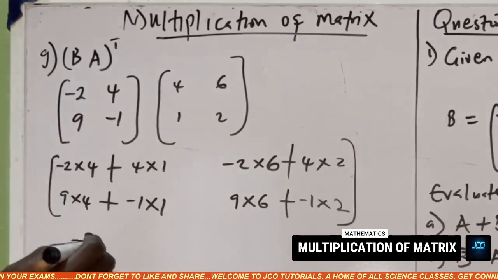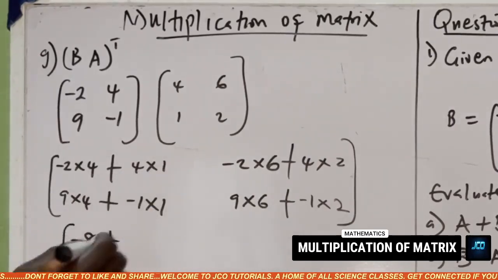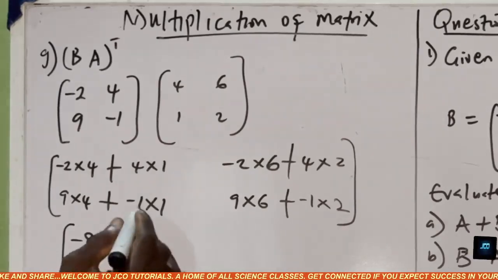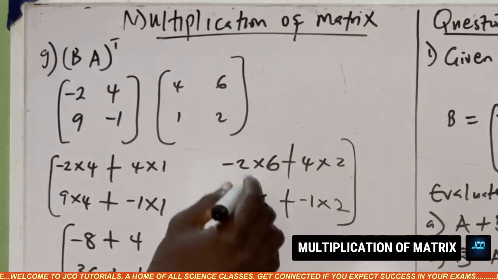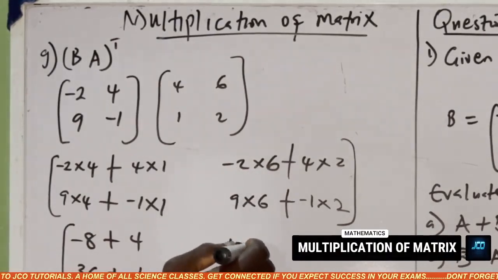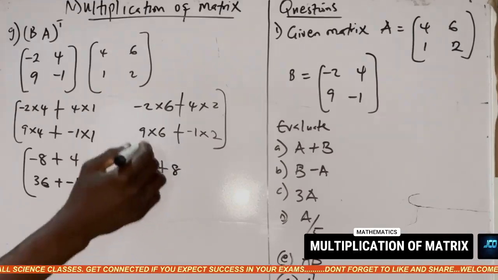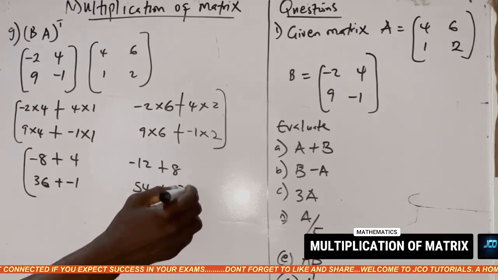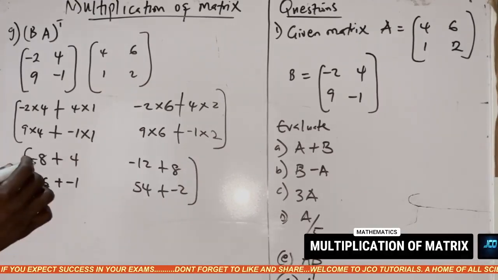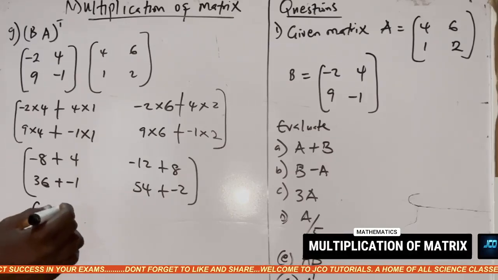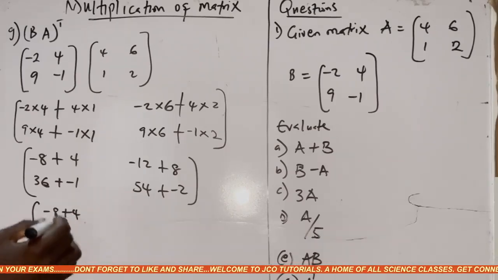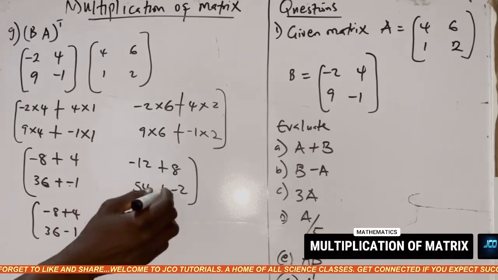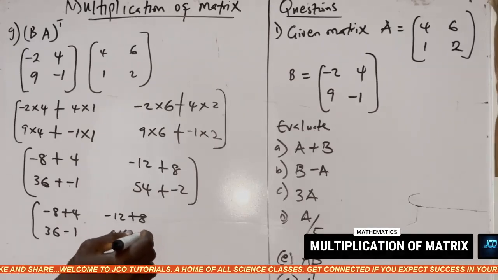Minus 2 times 4 gives you minus 8, plus 4 times 1 gives you 4. 9 times 4 gives you 36, plus minus 1 times 1 gives you minus 1. Minus 2 times 6 gives you minus 12, plus 4 times 2, 8. 9 times 6, 54, plus minus 1 times 2, minus 2.